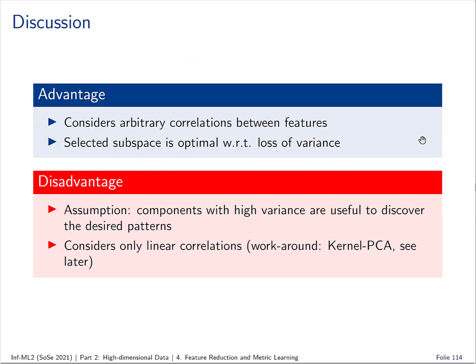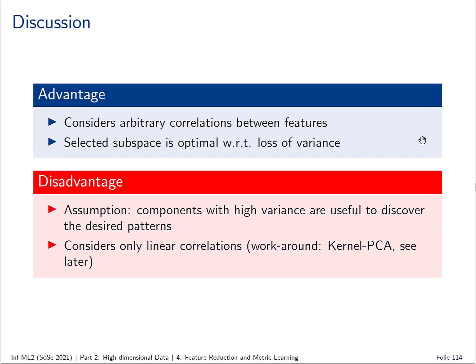Okay, to round that up, a short discussion. The advantage is that PCA considers arbitrary correlations, at least linear correlations between features, so they can be negative, positive, whatever. And the selected subspace that we get from principal components is optimal with respect to the total loss of variance. At least if this is the assumption that we make, that is perfect.